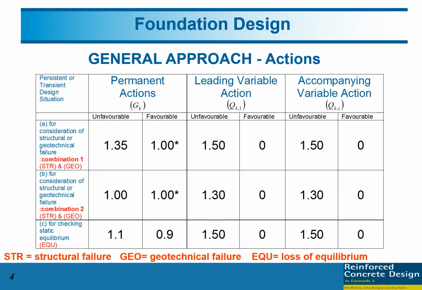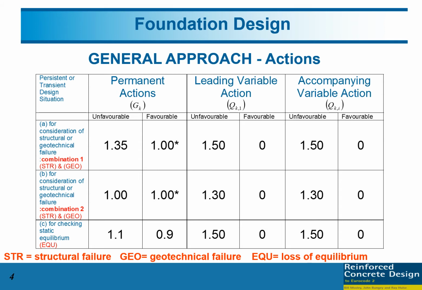Okay, so in this slide you can see the safety factors for foundation design. For example, for permanent action, combination 1, structure and geotechnical effect to the foundation design. For unfavorable, we use 1.35 for the permanent action, and for variable action we have 1.5. And then for combination 2, for consideration of structural or geotechnical failure, for permanent action unfavorable we have 1, and variable action is 1.3.